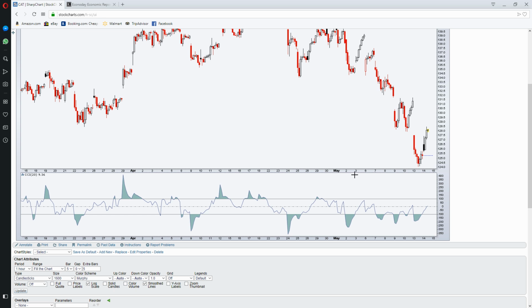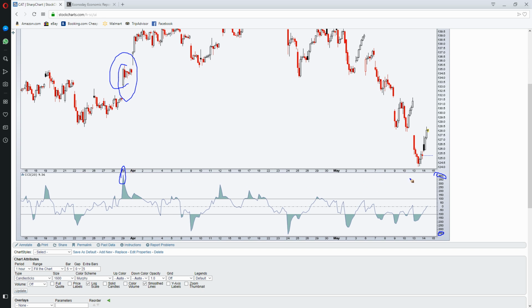There's two ways to look at this, and the indicator is down here below. You can see it ranges from 400 to, in this one, minus 350. But that's a normal range for most stocks. When a company reports earnings or has a big gap up in the stock, generally the CCI is going to surge.